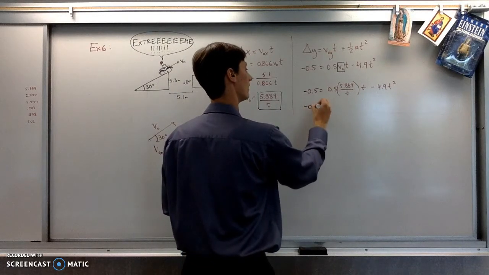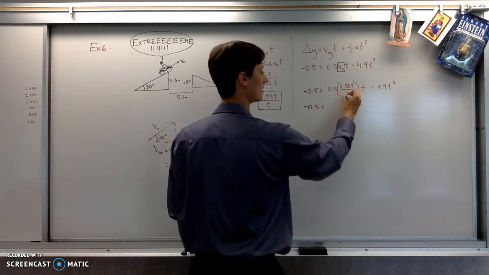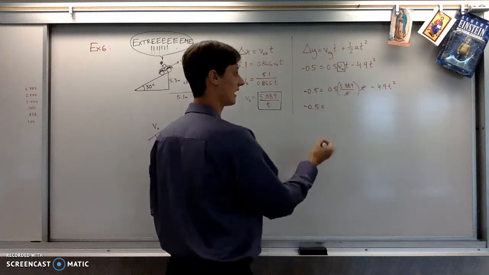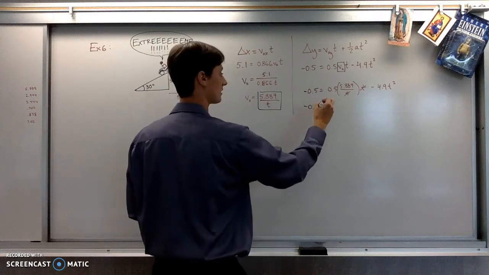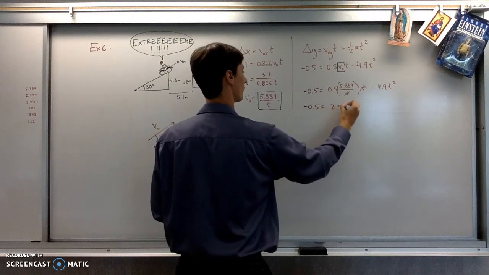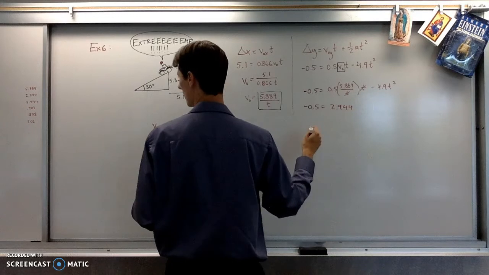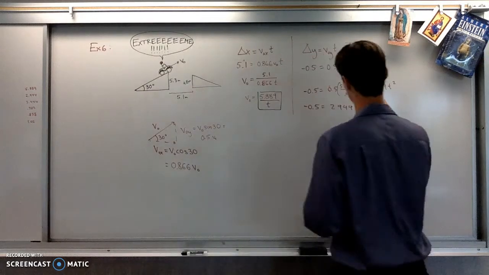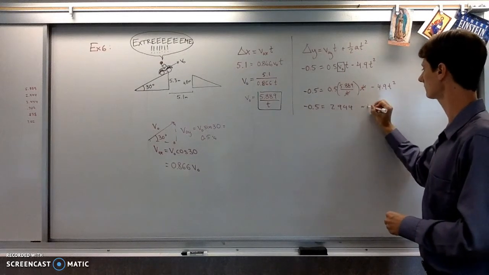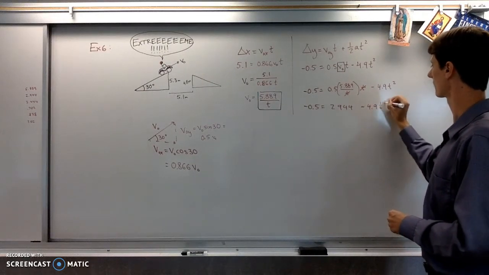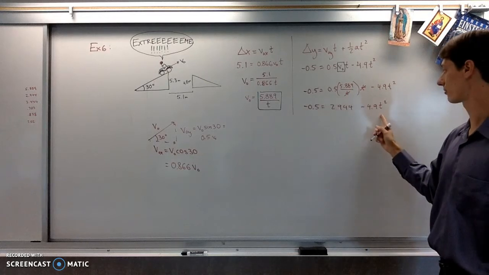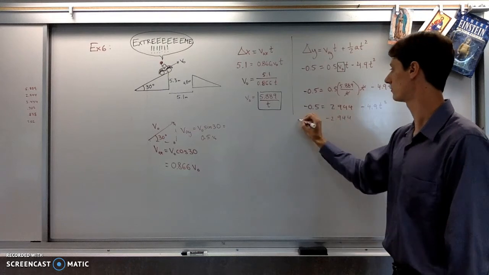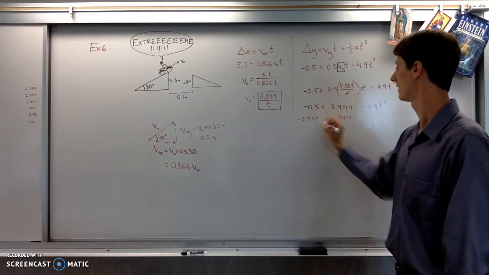All right. This will simplify to actually just a number because the t's cancel out. Works out to be 2.944 approximately. All right. Now, if we want to solve for the time, subtract 2.944 from both sides.